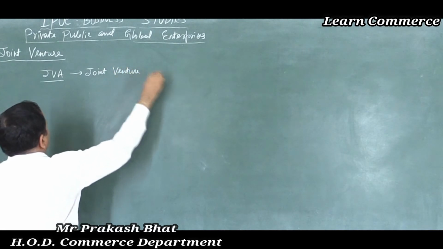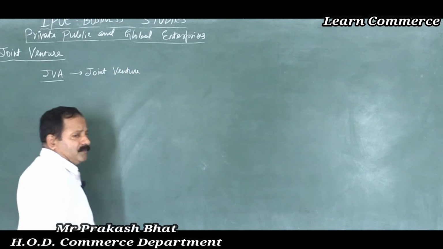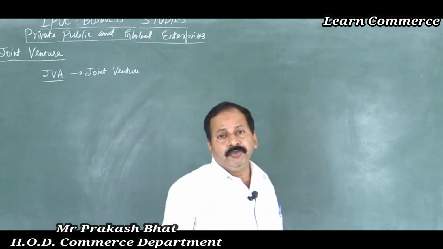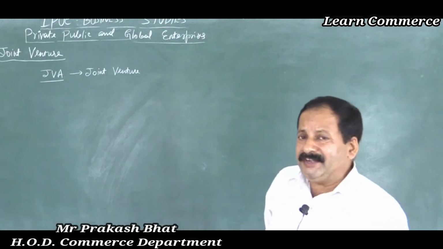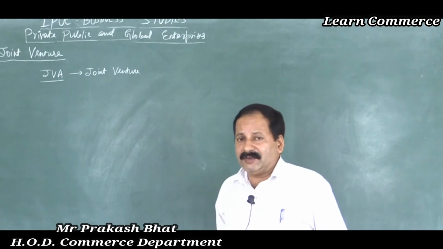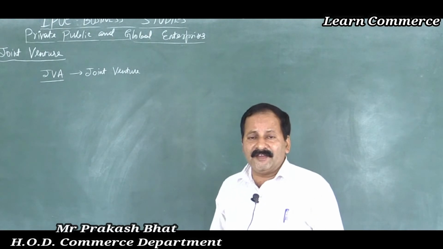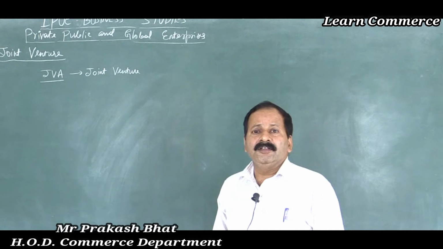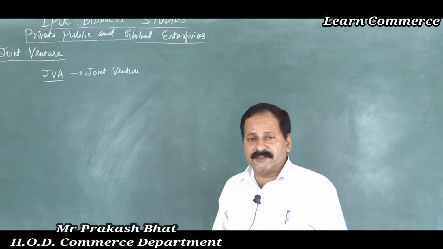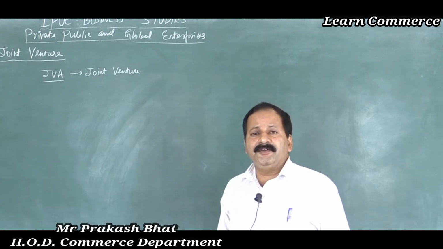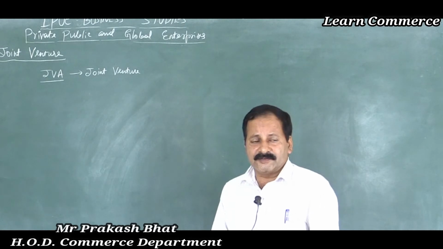So here joint venture is a form of business ownership where 2 separate or 2 independent business firms or business entities join together and share the resources, that is financial resources, human resources, or technical, technological resources, isn't it?